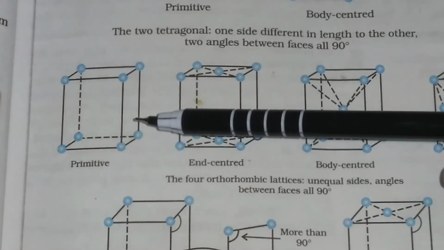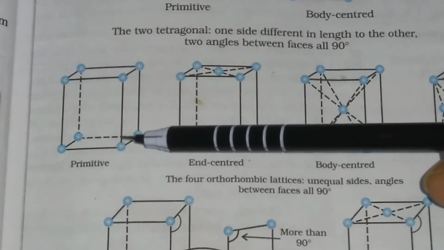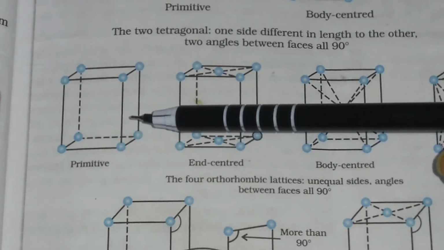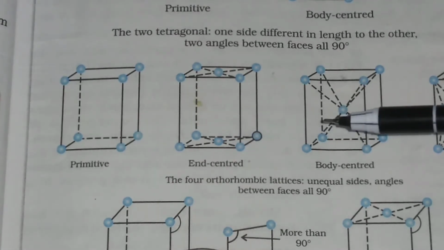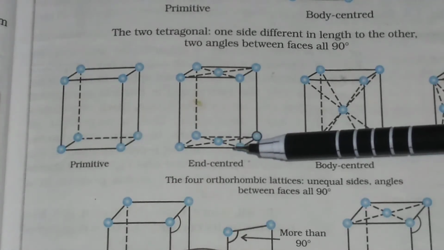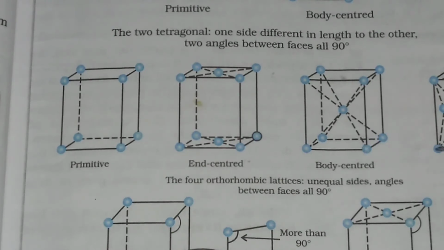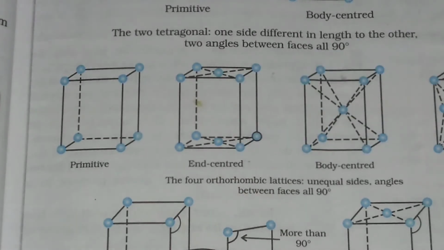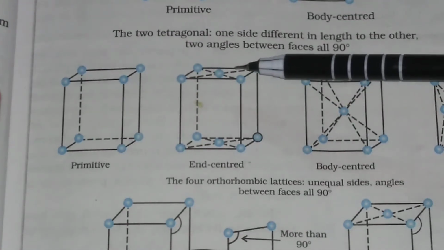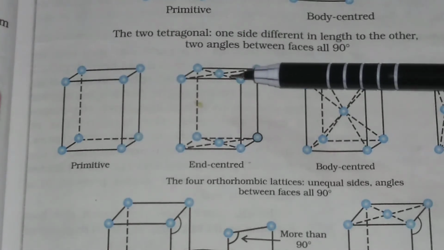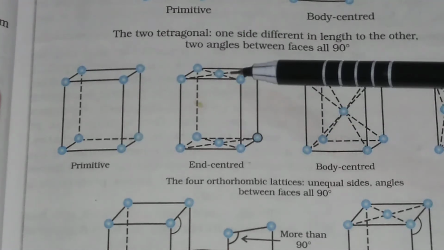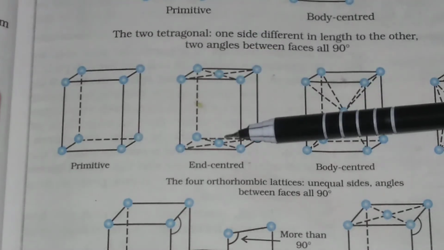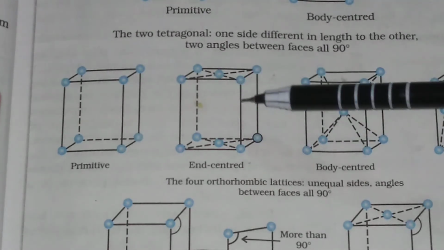And this is your primitive orthorhombic. In primitive orthorhombic, a is not equal to b, not equal to c, and alpha, beta, gamma are all 90 degrees. In orthorhombic there are 3 non-primitive structures: this is your end centered, this is your body centered, and this is your face centered. In end centered you see there is one atom at any 2 opposite faces, either this face or this face. If you consider this atom is for the unit cell just above it, then this atom will be for this unit cell.